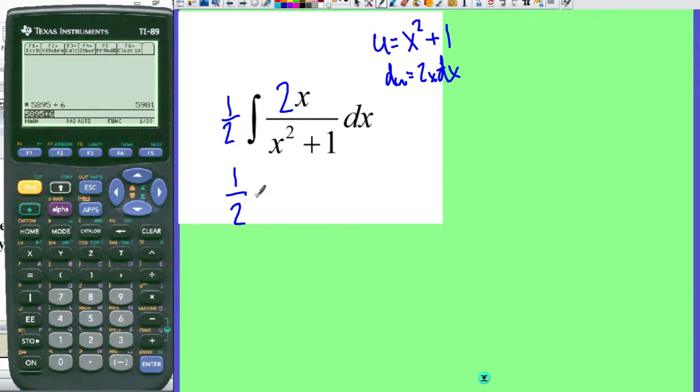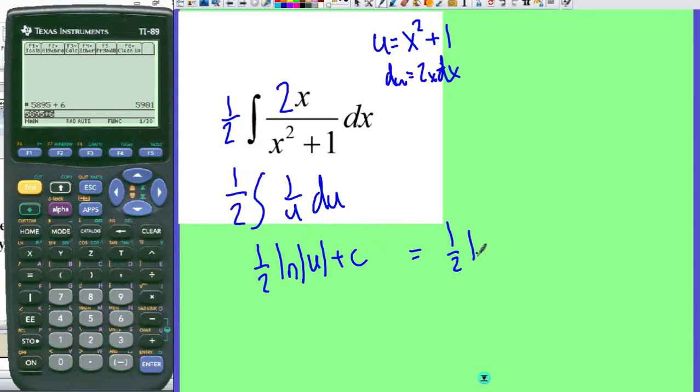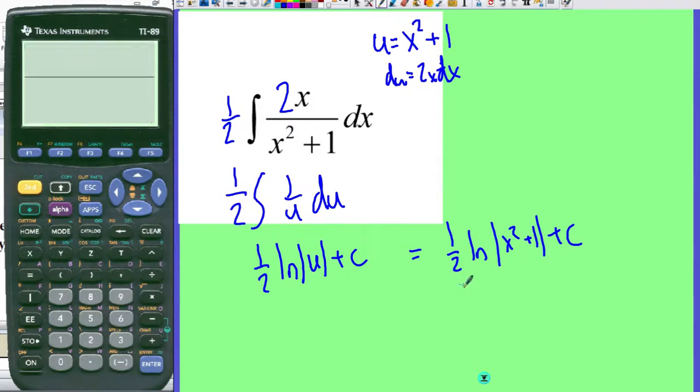So the integral is 1/2 the integral of 1 over u du, which is going to be 1/2 natural log of the absolute value of u plus c, which is going to equal 1/2 times the natural log of x squared plus 1 plus c. In this case, I don't need the absolute value because x squared plus 1 will always be a positive number. Anything squared is going to be 0 or above. So I can say 1/2 natural log of x squared plus 1 plus c if I wanted to. All right, try another one.